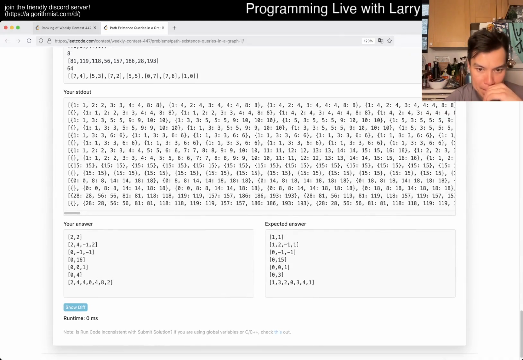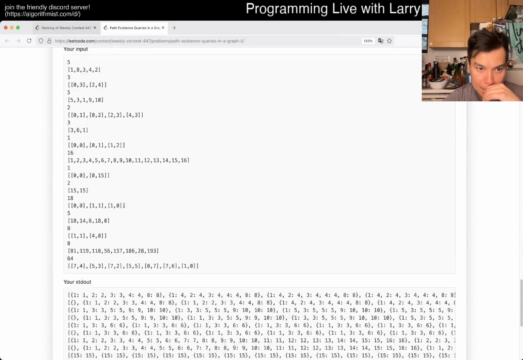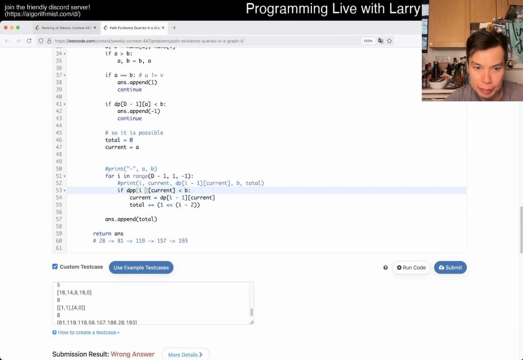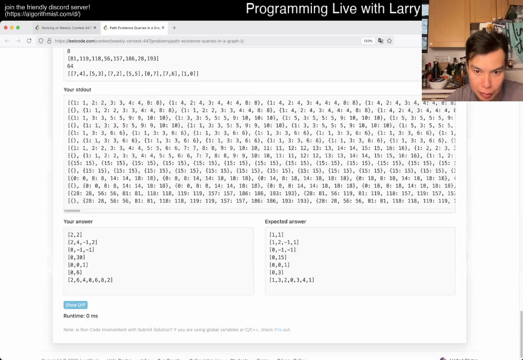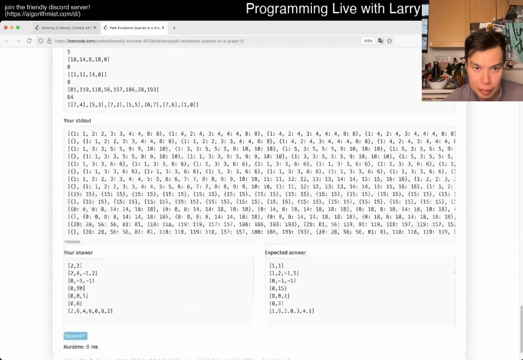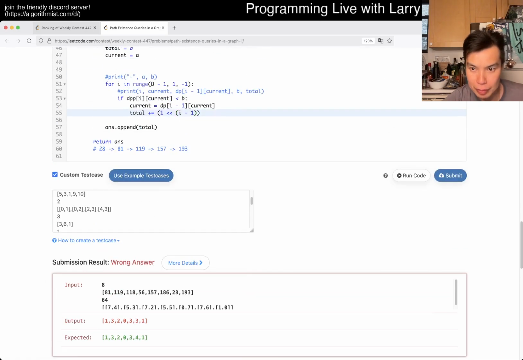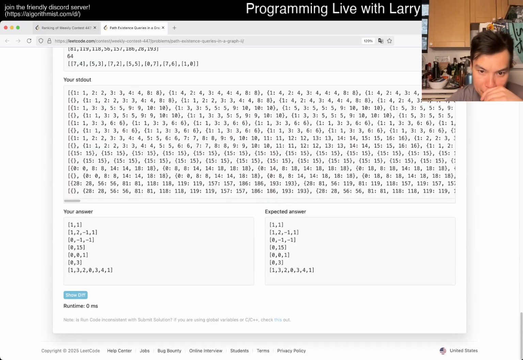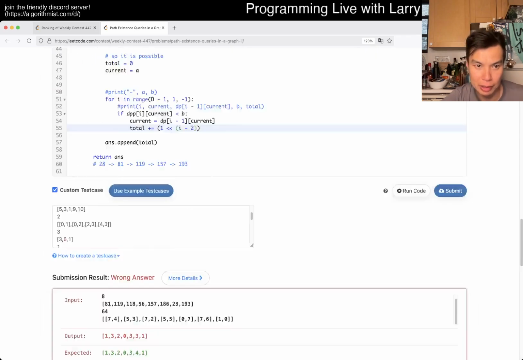But is this right? Or at least, I don't know if it's right, but there's no difference.